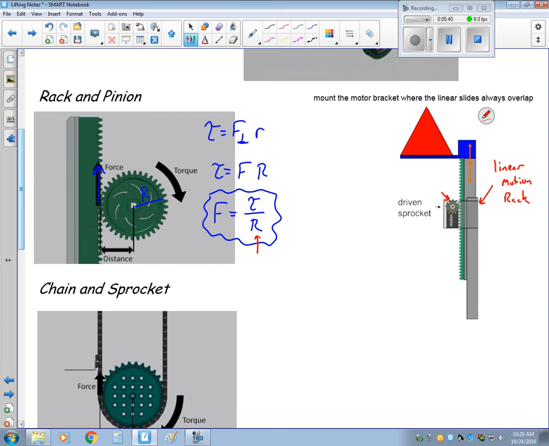I have those internal and external sliders for my linear, those little rails that the linear motion parts slide in and out of. But that's how you would build a rack and pinion elevator of sorts. And again, if you want the greatest amount of force, to pick up the greater objects, you have to use a smaller gear.